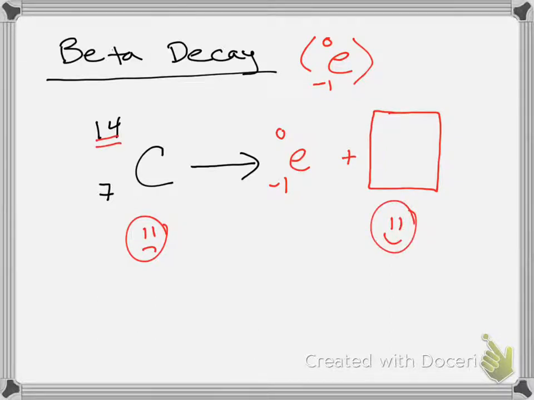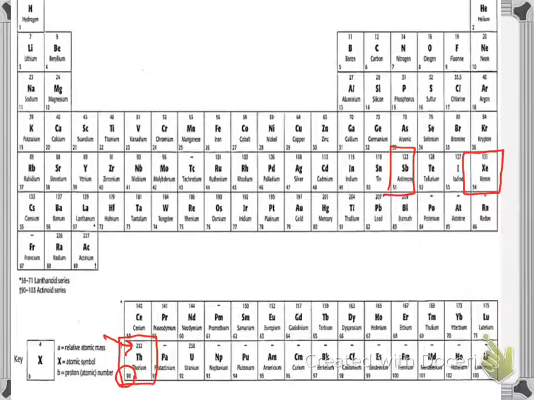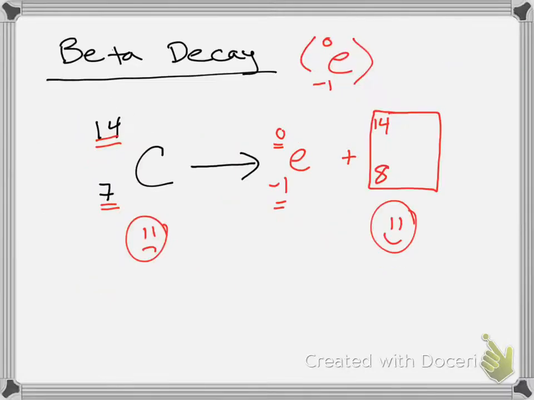This top number, 14, stays 14, changes by 0. This bottom number 7, we're not going to minus 1, but we're going to add 1. So this is going to be 8. Then you need to open the periodic table and see which atom has atomic number 8. There it is, oxygen.